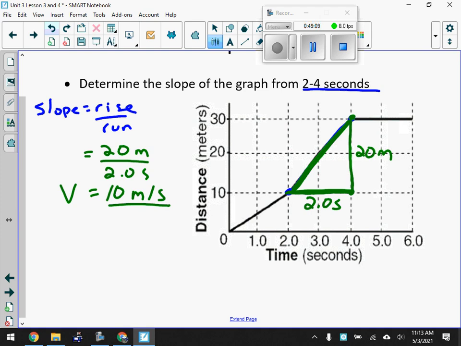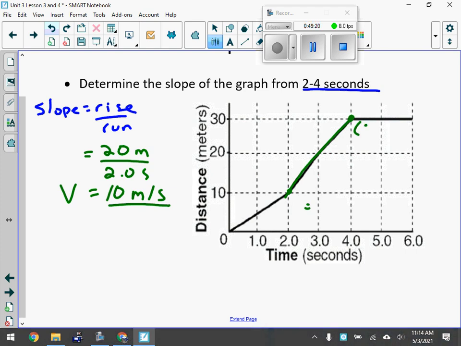Okay. If you want to do coordinates, fine. Let's do some coordinates here. Okay, again, right there. This is the coordinate 4 and what is it? 30. Okay, and this is the coordinate 2 and 10. Okay, so these are the y's, and these are the x's, and we're going to subtract them.